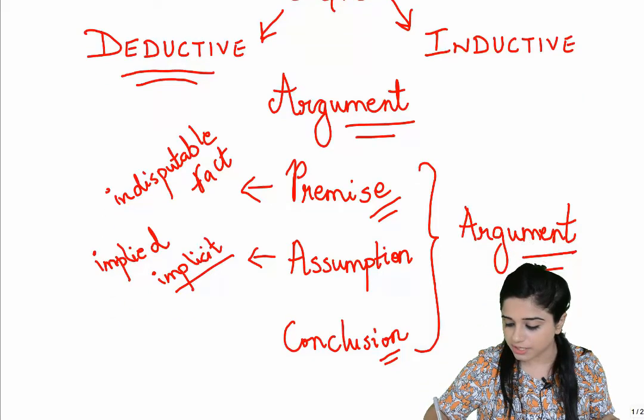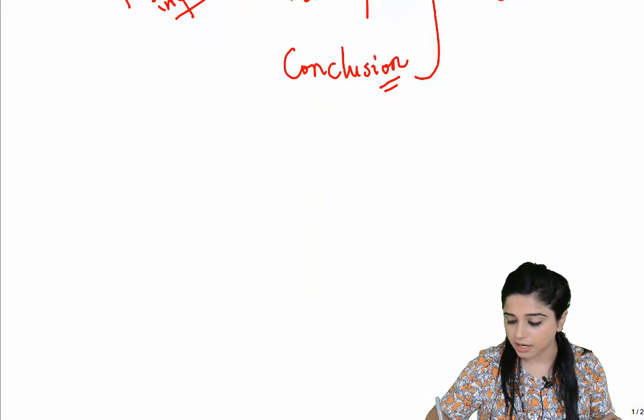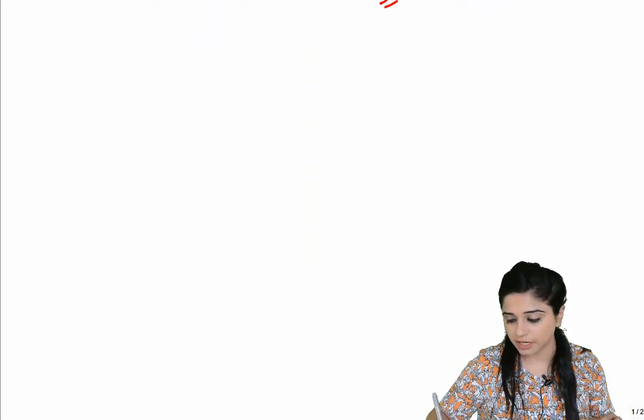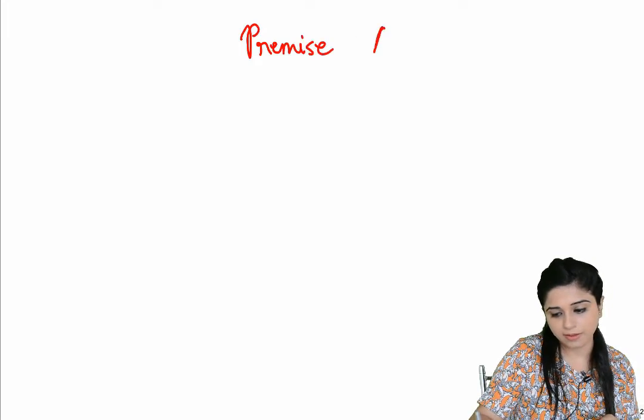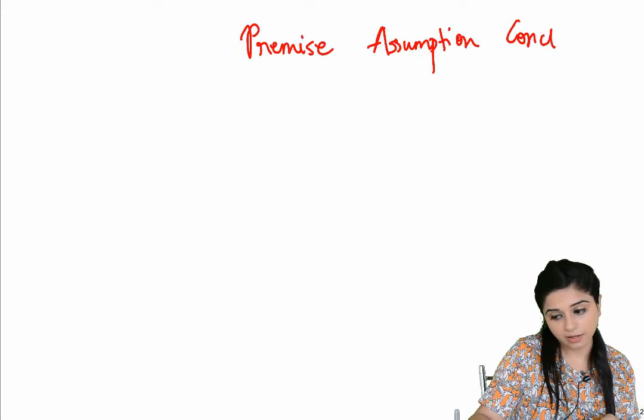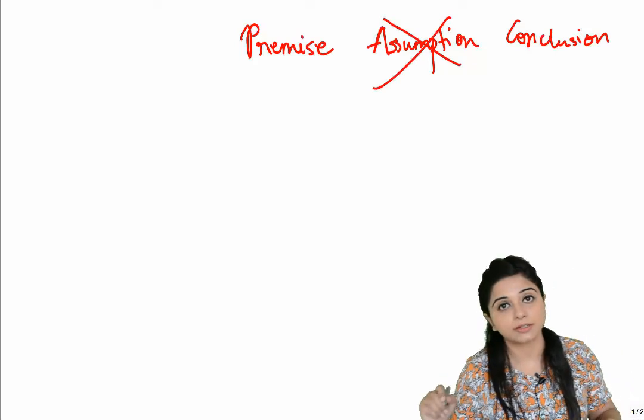Now, let's get back to what our original agenda was. Original agenda was that we're studying deductive logic today, right? So when we look at the structure of an argument in deductive logic, it does have a premise. However, there is no assumption.